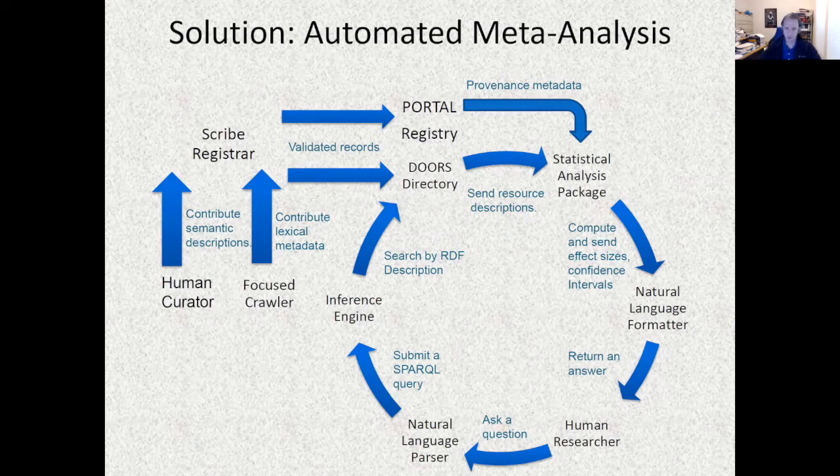And you'll see some other notes here, for example, the importance of provenance. Provenance has always been a part of the Portal Doors project from the very beginning, going all the way back to 2006. Provenance is absolutely critical to the sourcing and tracking of data, especially when we're talking about patients who are suffering some kind of disease.